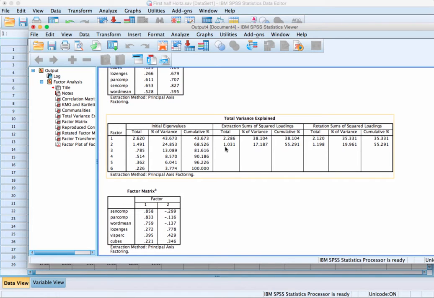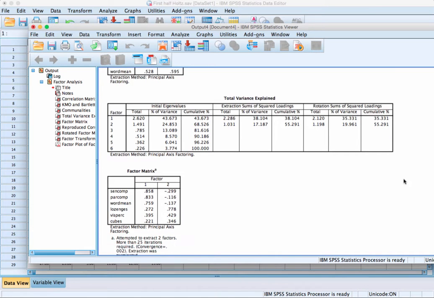And those two factors, if we come over here, are explaining the first factor, a little over 35% of the variability in the data structure, the data matrix, and the second factor is identifying almost 20%. Both factors together are identifying over 55% of the variability in the 6 variables that were analyzed.